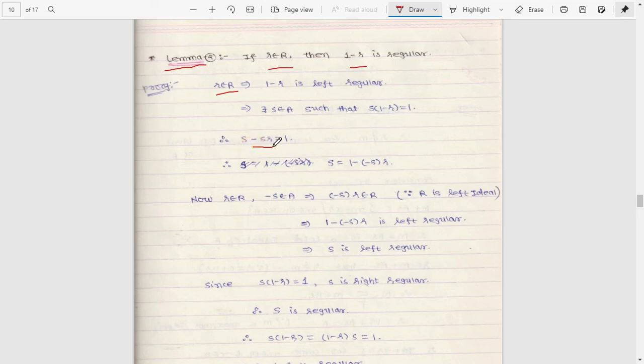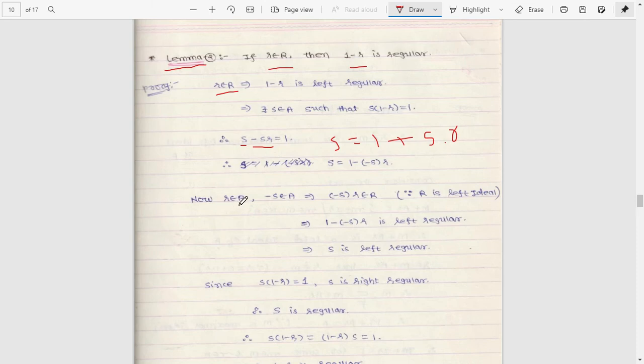So taking this term to the other side, s is equal to 1 plus s into r. So we can write 1 minus of minus, minus multiplied by minus becomes plus. So 1 minus of minus s into r.